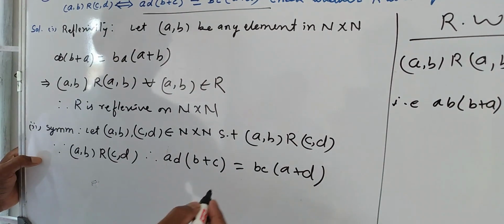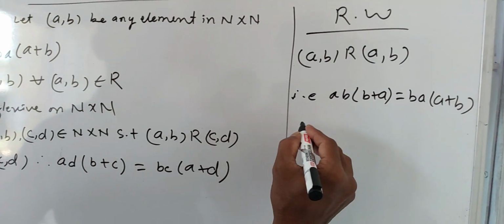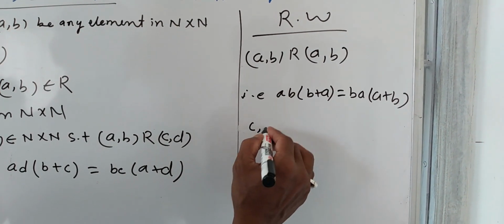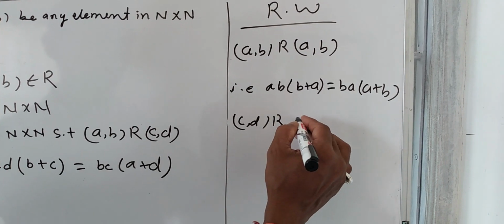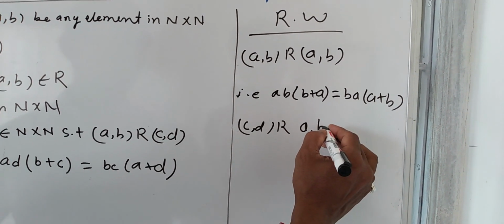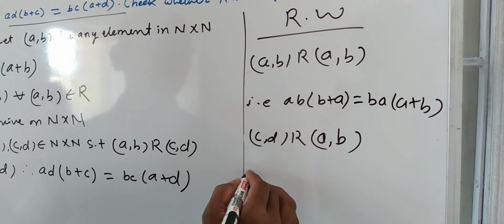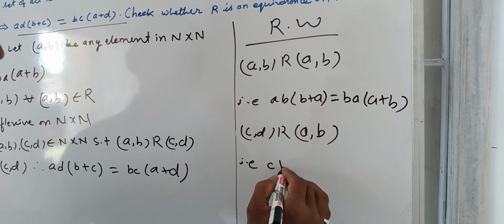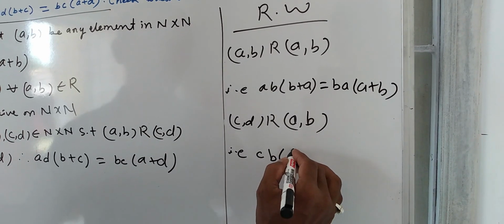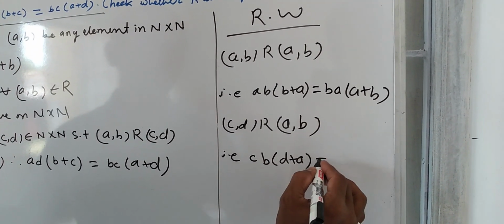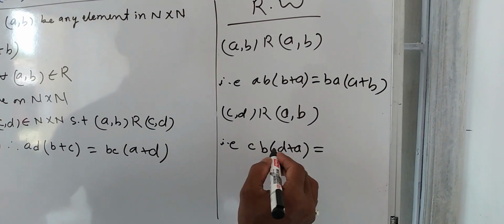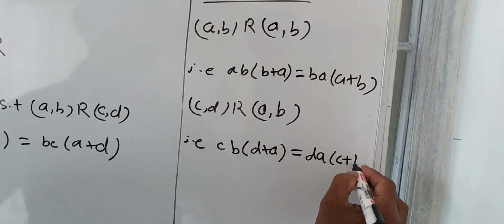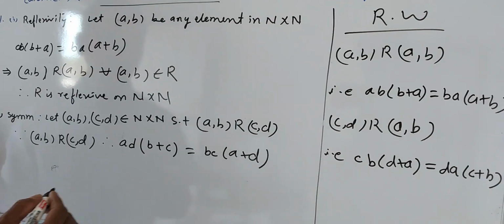This is given. Now what we have to prove? Here again, rough work: (c, d) must be related to (a, b). This we have to prove. For this we have to prove cb(d + a) = da(c + b).